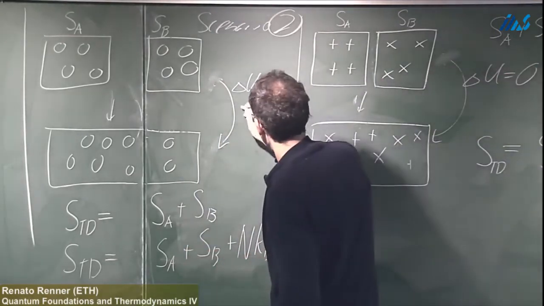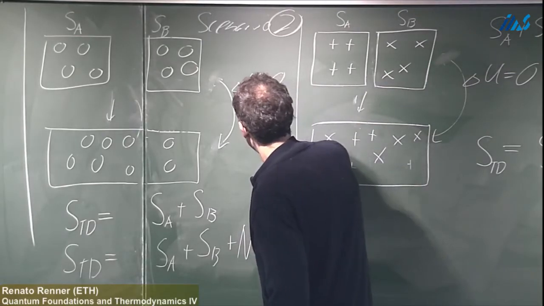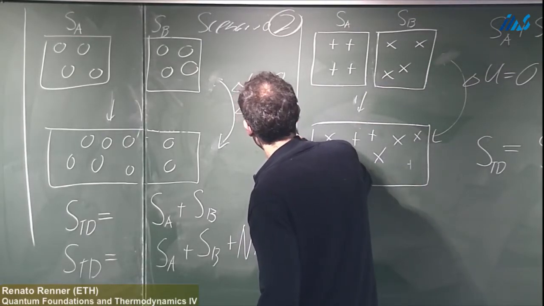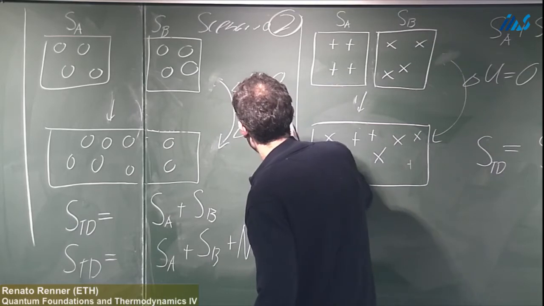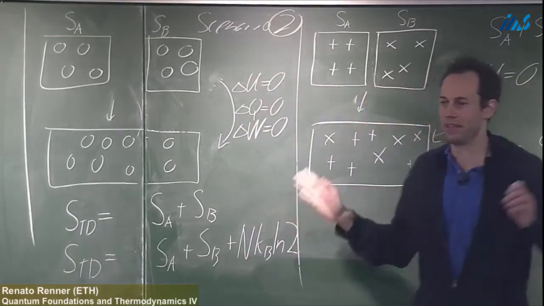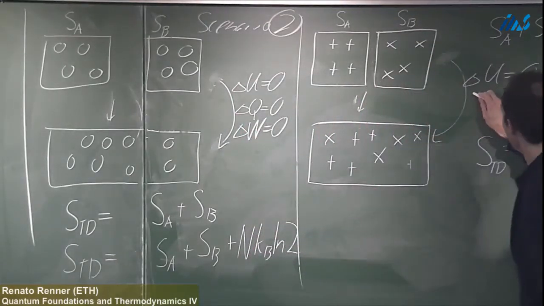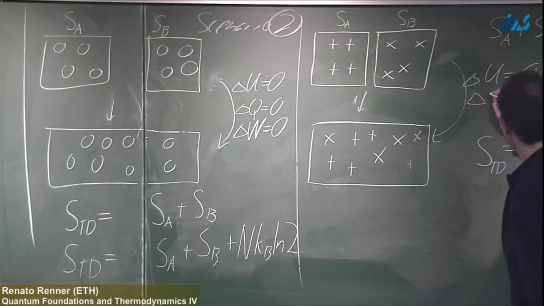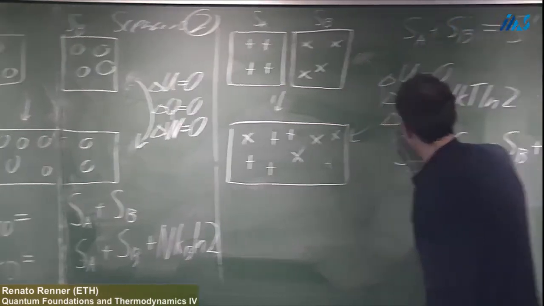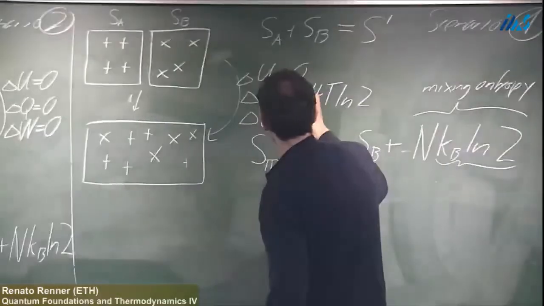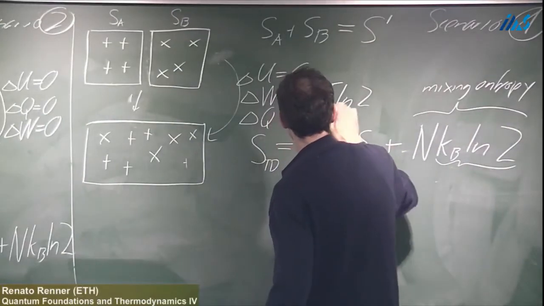But this guy here had also delta Q equal to 0 and delta W equal to 0. So he just opened the thing and nothing happened. This guy here is in a better position. He has delta W equal to minus NkT ln2, and delta Q for him is equal to NkT ln2.